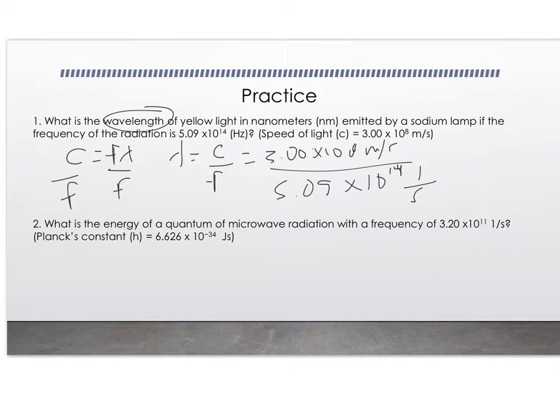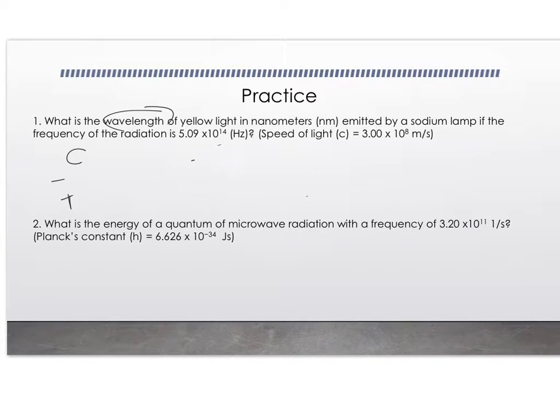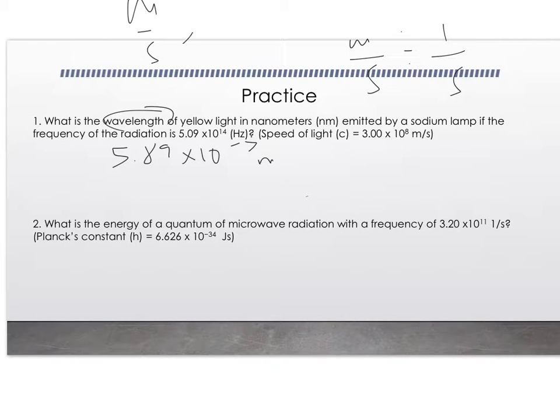So taking the top number divided by the bottom number, we end up getting, let me erase some of this if you want to write that down, 5.89 times 10 to the negative 7, but that's in meters, because if you take meters per second and try to divide by 1 over second, you can't ever divide fractions, so we have to flip. So then you'd have meters per second times second over 1, you end up with meters.